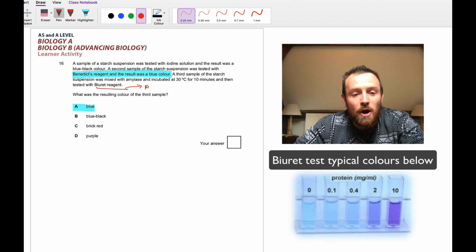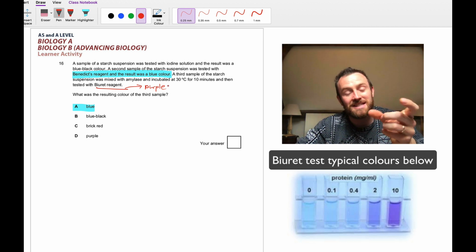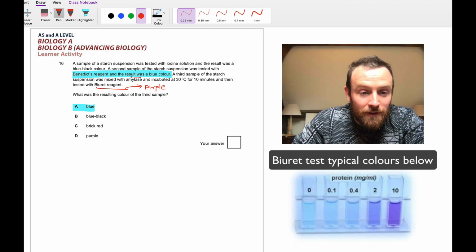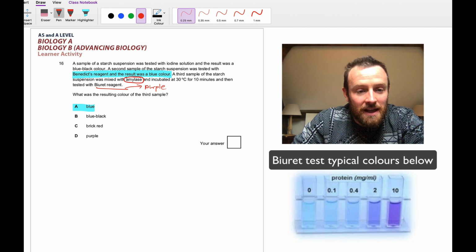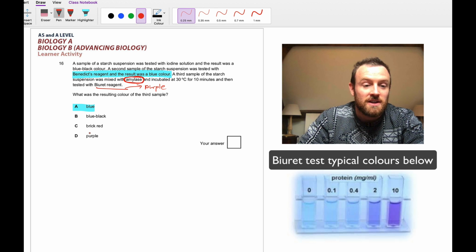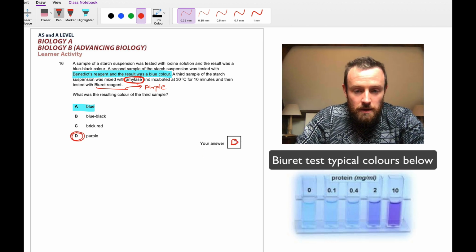So it's going to go purple if proteins are present. And in this one, it's tricky because it's not thinking about the starch. It's thinking about the actual amylase itself. Amylase is an enzyme. It's a protein. So therefore, with the biuret reagent, it will go purple. Nice question there. Almost got me. It's D.